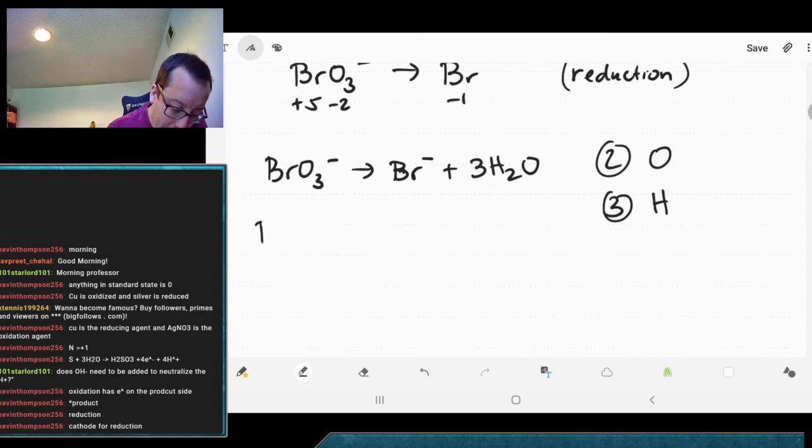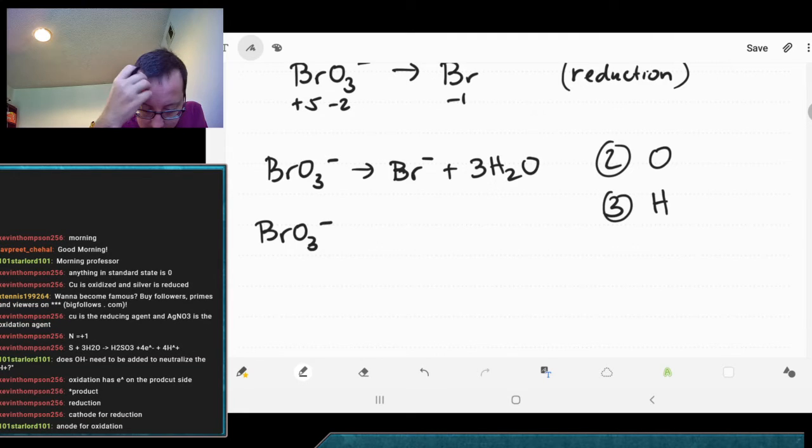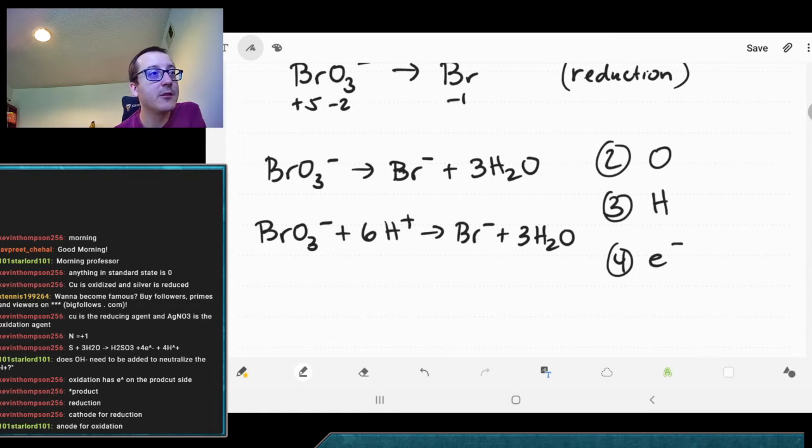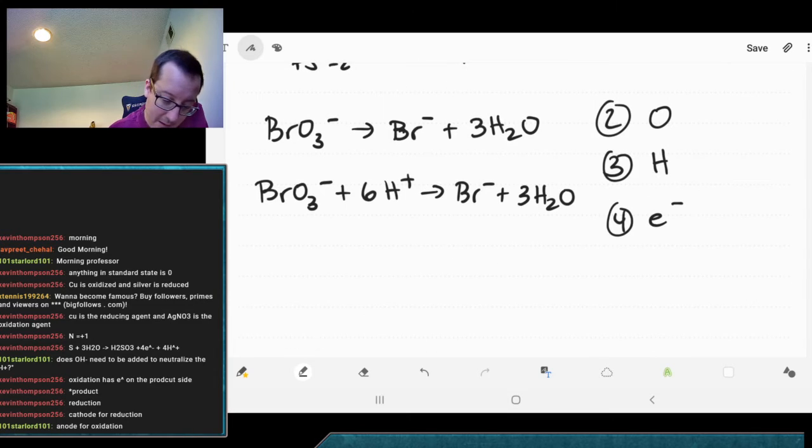If we balance hydrogens, we need to have 6 of them now to balance out. And then our last one is the electrons. We see that we have a total charge of positive 5 on the left, negative 1 on the right. So we're going to need 6 electrons to make everything balance out.